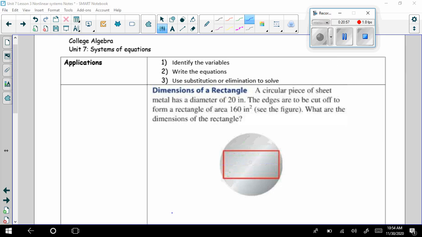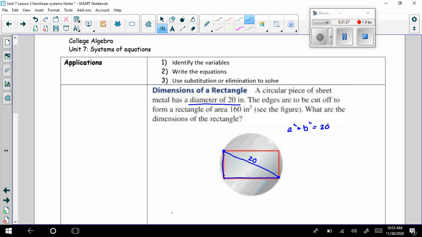All right, so with this one, it says it has a diameter of 20, and we need to see that in terms of this rectangle. If we draw the diameter of a circle, we can connect the diagonal of your rectangle. So this is 20. And this creates this right triangle here. Well, in a right triangle, a squared plus b squared is equal to c squared.